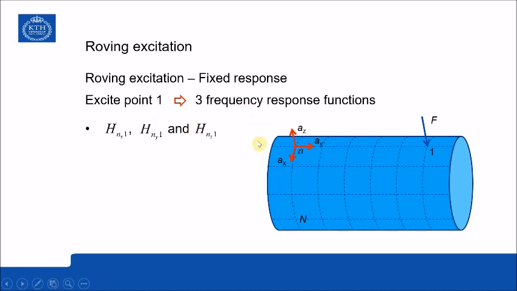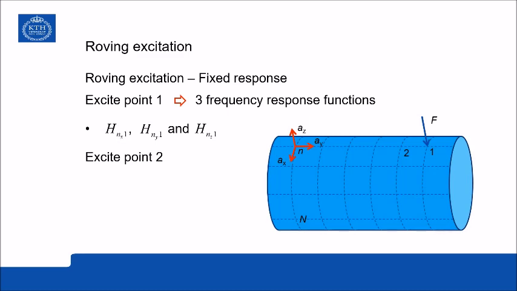We will first of all obtain the frequency response function hnx1, that is the acceleration in x direction in point n over the force, exciting force in point 1, and so on. So 3 frequency response functions per measurement is what we will achieve with this method.